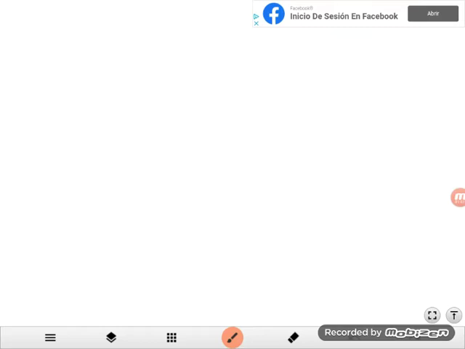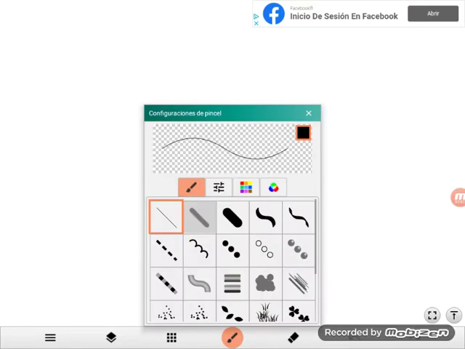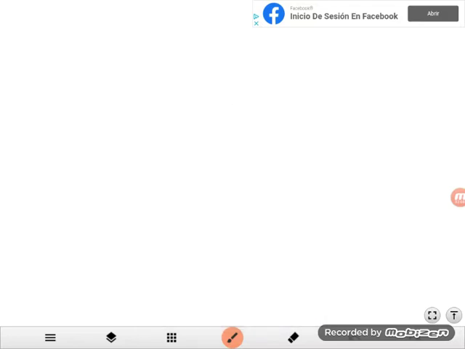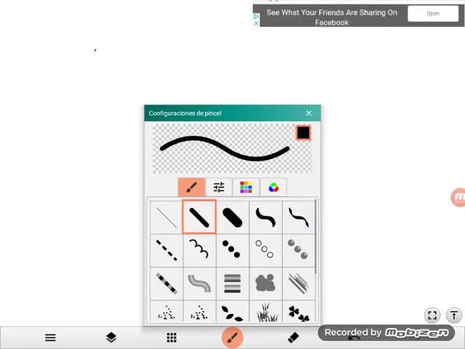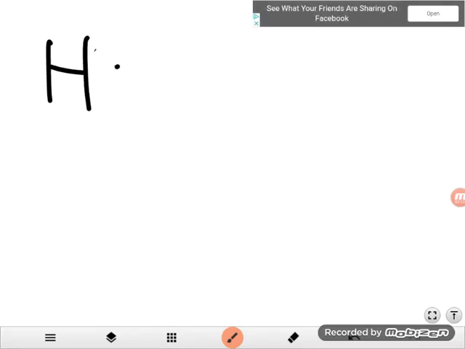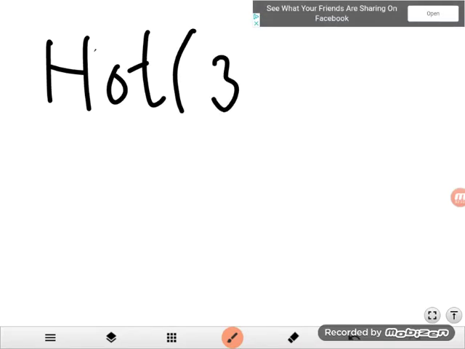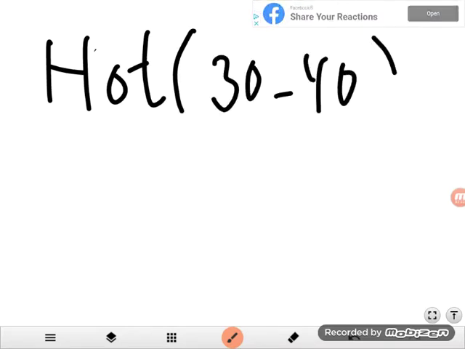So when we talk about the weather, we have to consider the temperature also, okay? So let's see how is the temperature when it's for example, one moment please, is hot when the temperature is between 30 and 40 degrees, okay?